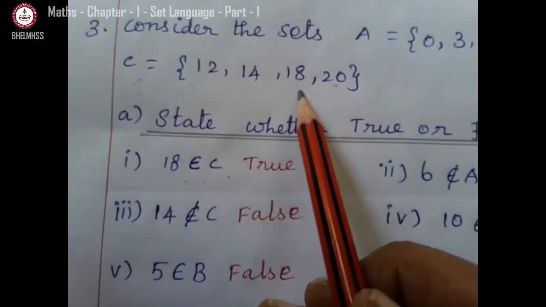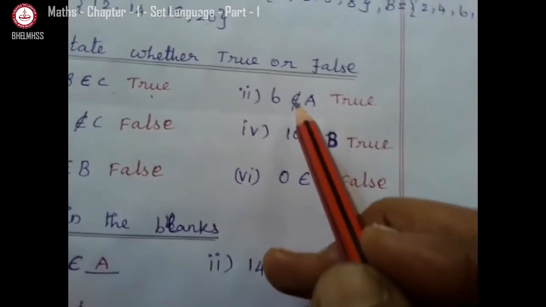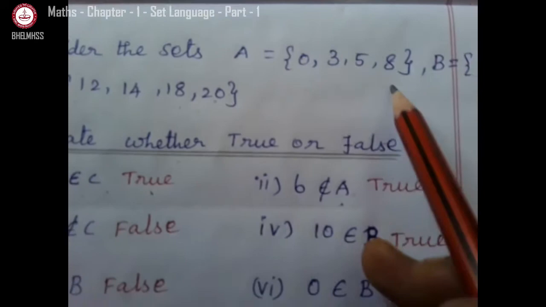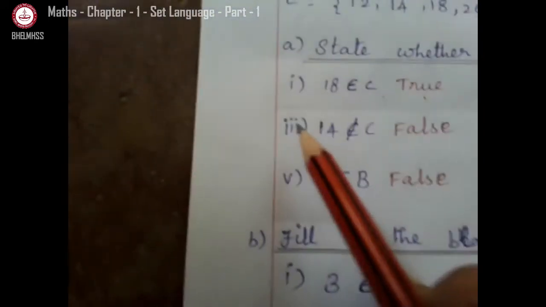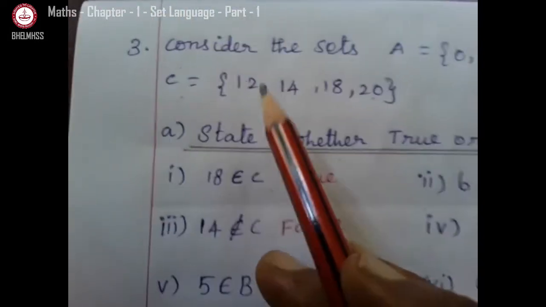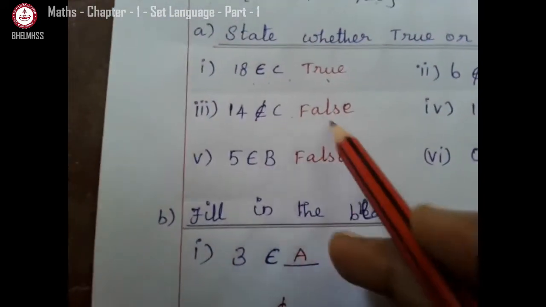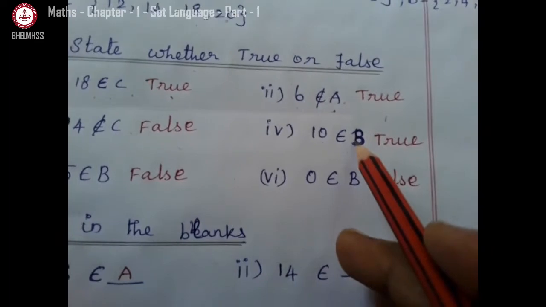So it's true. Next, 6 does not belong to A. See the set A. So it's true. Next, 14 does not belong to C. 14 comes in the set C. So it's false.